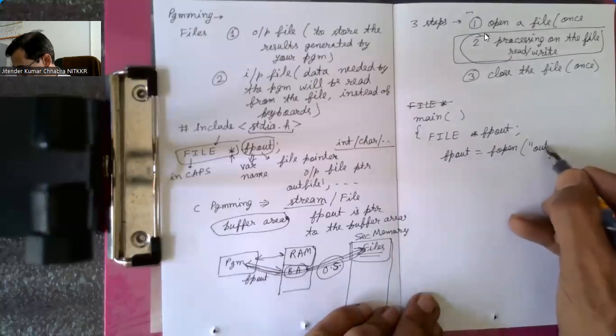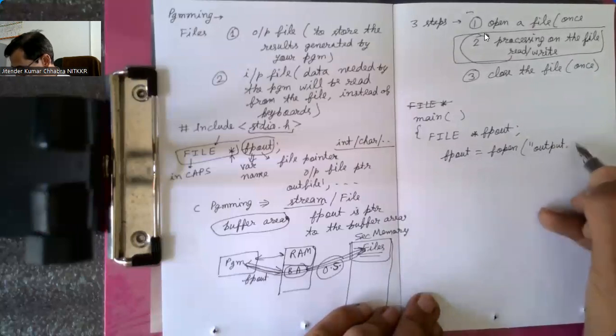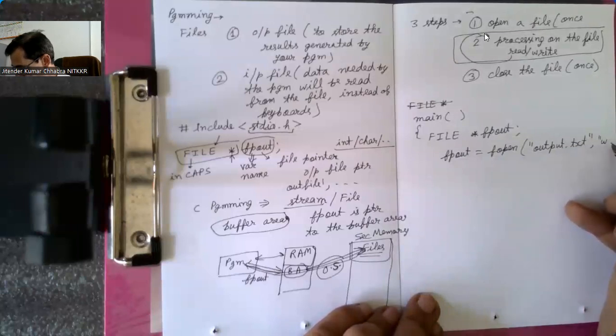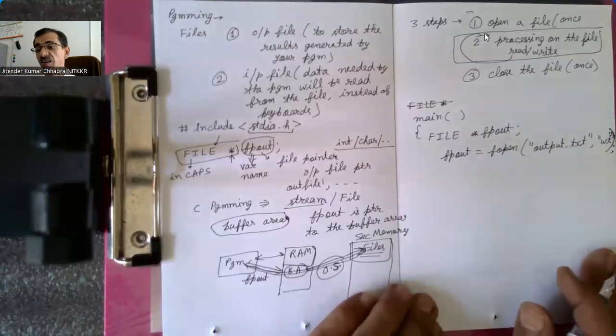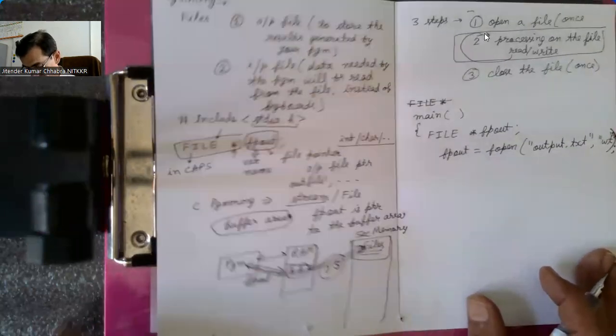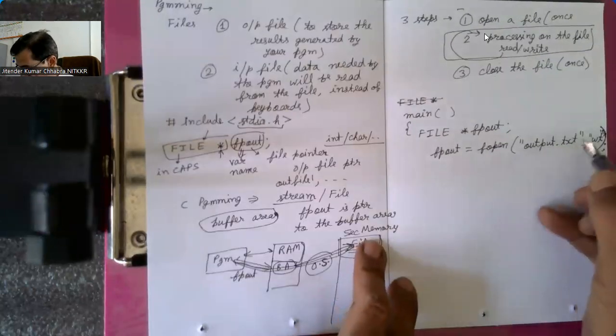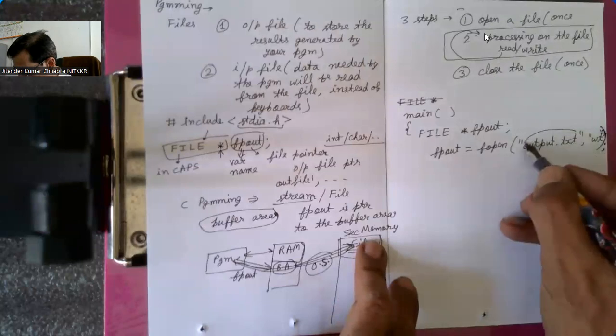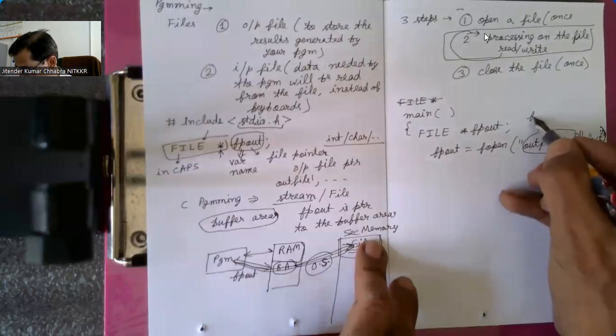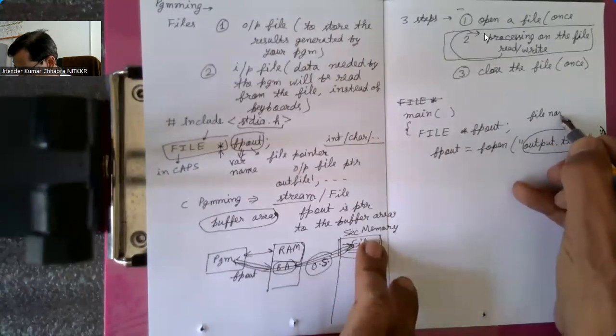For example, I say output.txt and wt. See here, something important to see is this is your file name used by the OS.